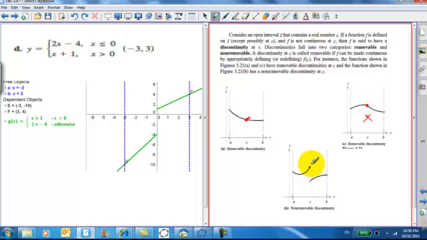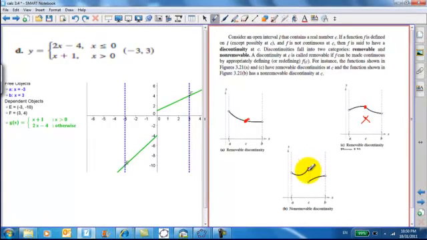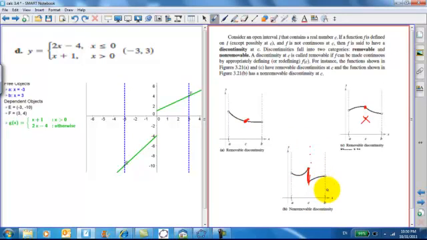But there's no fixing this gap, because to fill it, I would have to put in this big vertical segment. And then it would flunk the vertical line test. So we call this a non-removable discontinuity. Same thing we saw over here. This is a non-removable discontinuity. So that's the difference between removable versus non-removable discontinuities.